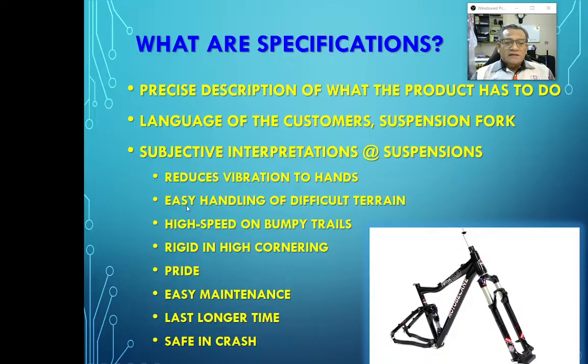So the customer wants easy handling of difficult terrain. How is it supposed to maneuver the difficult terrain of a mountain or hill? As you have seen just now, at high speed on the bumpy trail, it must be able to withstand the extreme shock to the bike, and it must be able to handle rigidly in cornering.